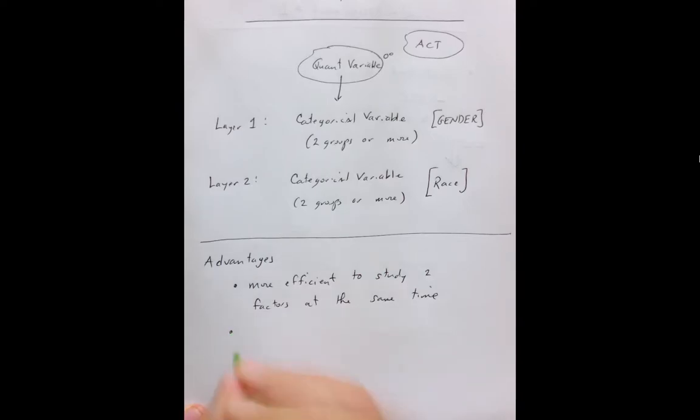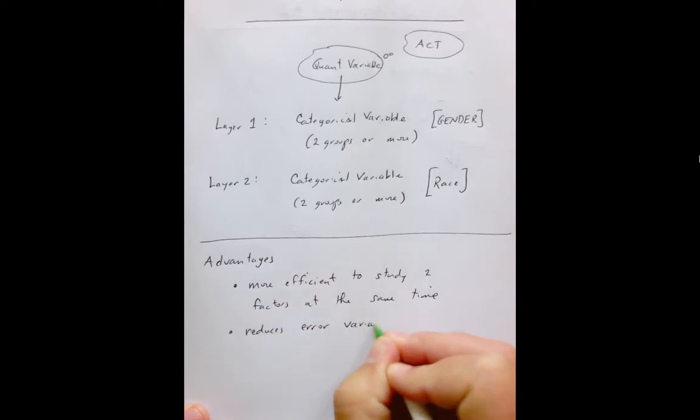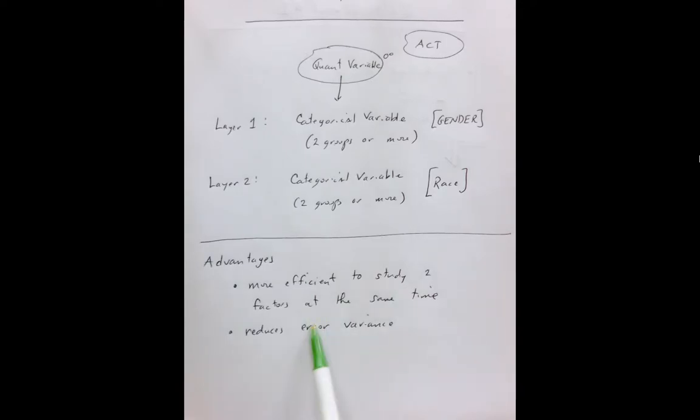Another important thing, this reduces our error variance. Now, if you think about our sum of squares, we have our sum of squares of our treatment or sum of squares of our group. And we also have our sum of squares of our error. Well, by adding this extra factor in, we're going to reduce the error variance in our model.